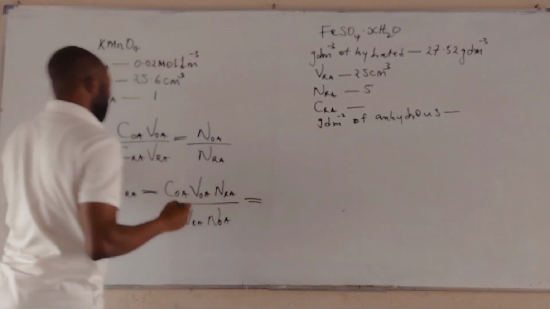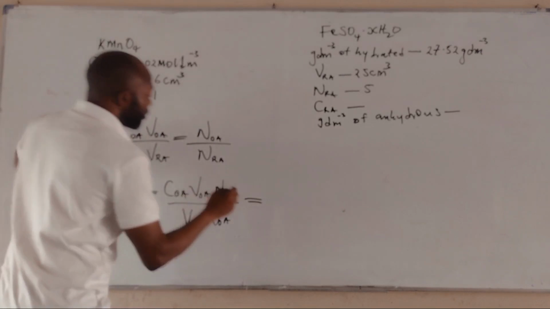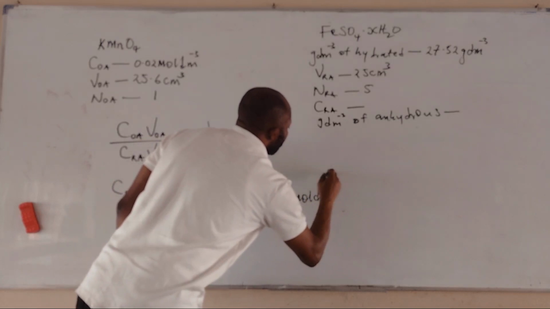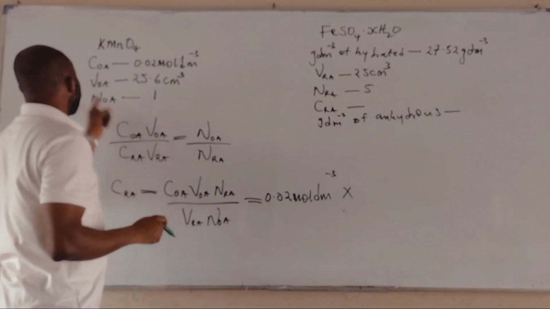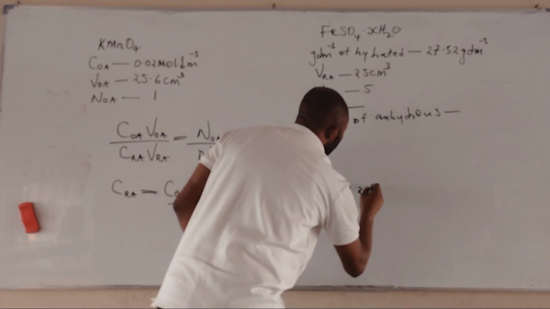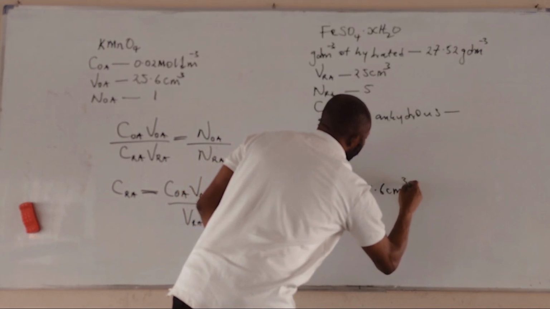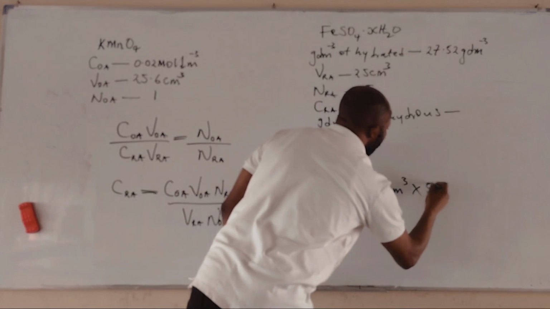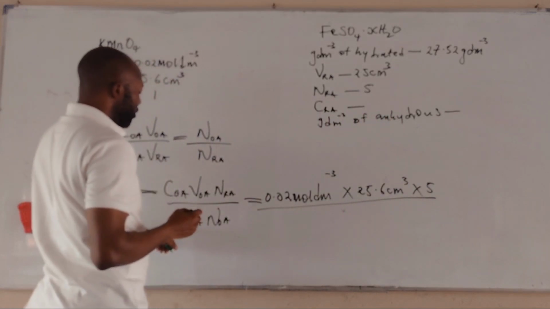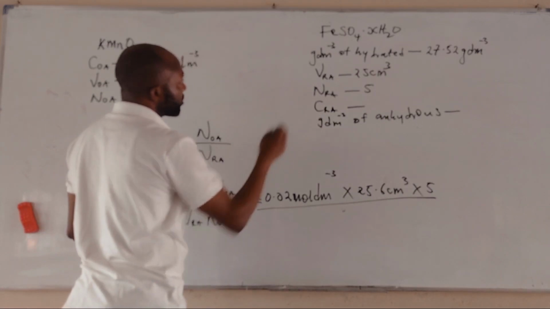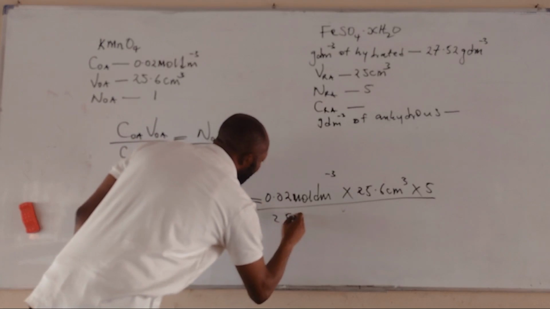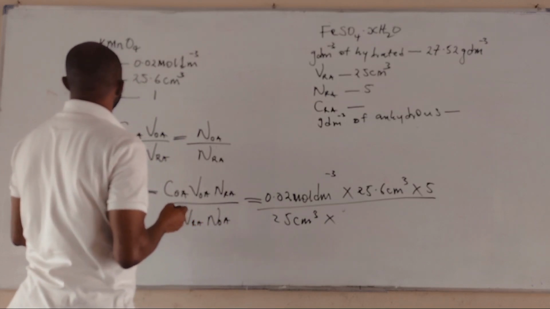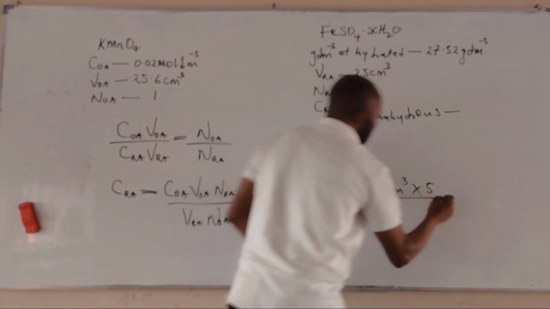This is equal to the concentration of oxidizing agent, which is given to be 0.02 mole per dm cube, times volume of oxidizing agent, 25.6 cm cube, times number of moles of reducing agent, 5, over volume of reducing agent, 25 cm cube, times number of moles of oxidizing agent, 1.